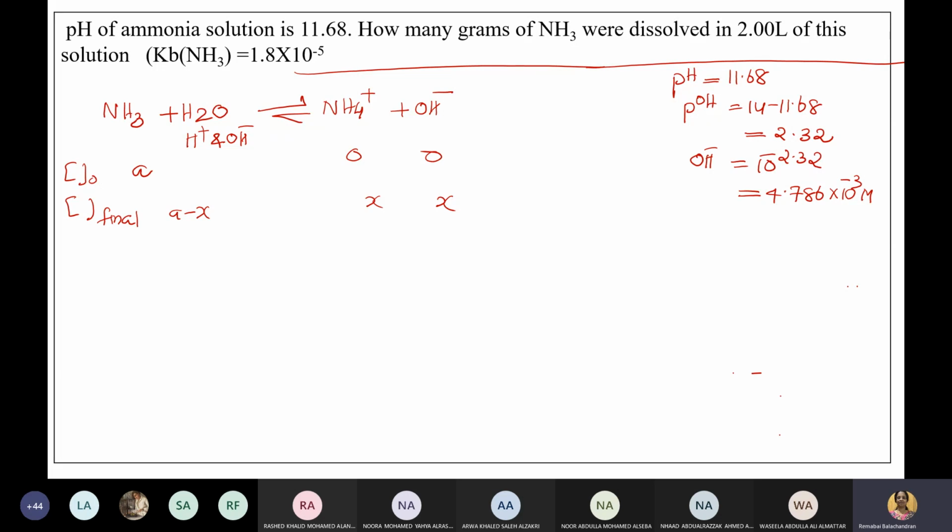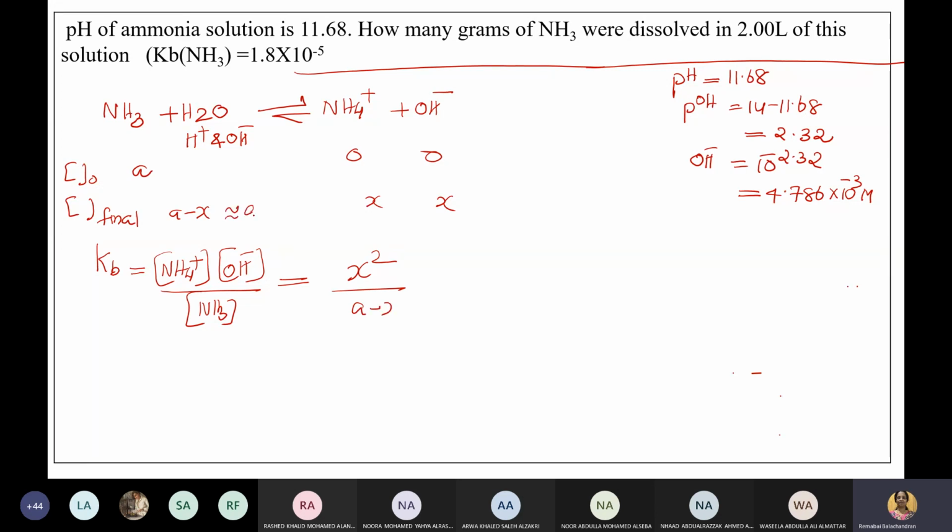So you have the value of KB. KB is equal to concentration of NH4 plus times concentration of OH minus over concentration of NH3. Correct? Yes, doctor. So that is x square over A minus x.